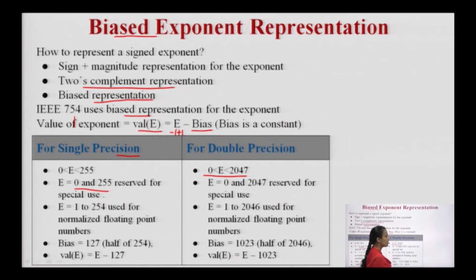So, 2046 I will be using, and the value of bias is taken as half of 2046, that is 1023, and the exponent is calculated as E minus 1023. In this case, we are calculating for double precision values.